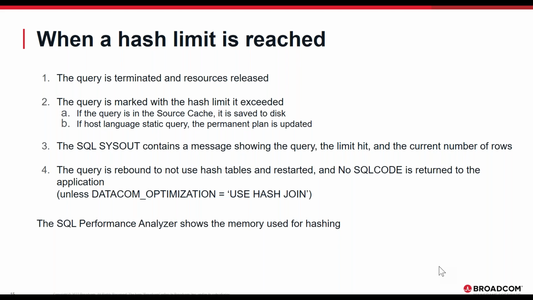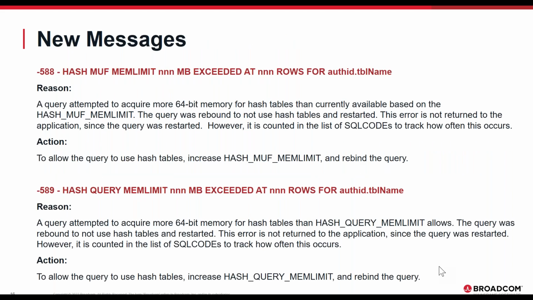It will show the memory used for hashing. So you could sort that and find out if there's any queries getting close to any of the limits. And if we go to the next page, it has some more stuff to handle this. Yeah, so there's that message. And basically it's the same as what I just said, so we can go to the next slide.